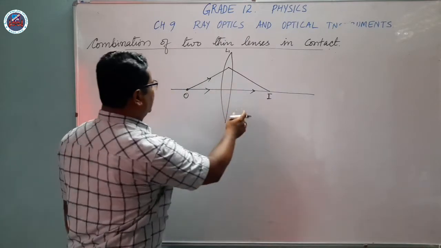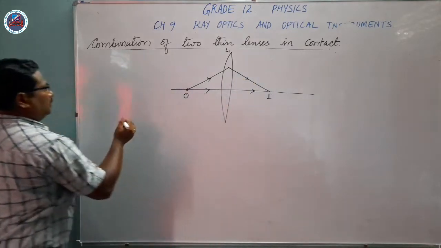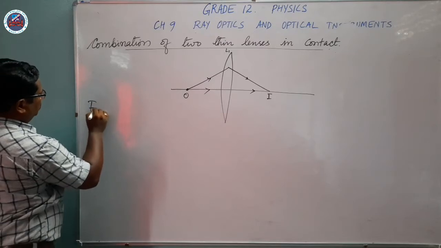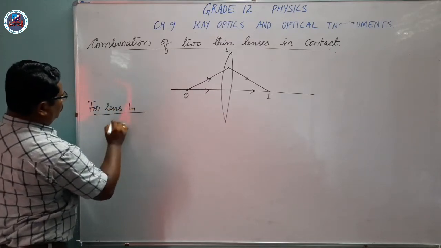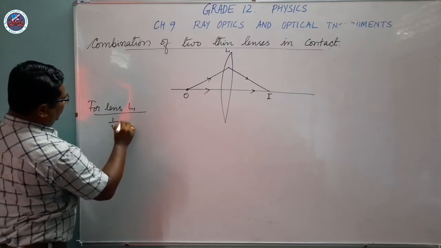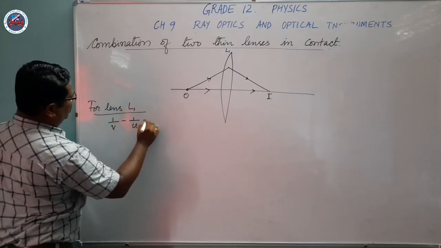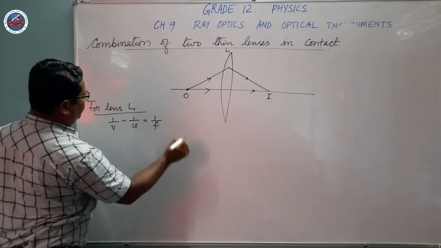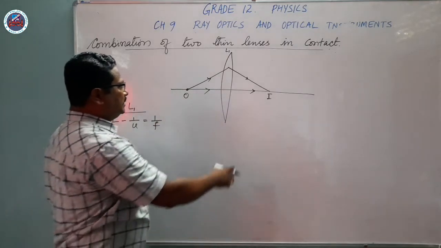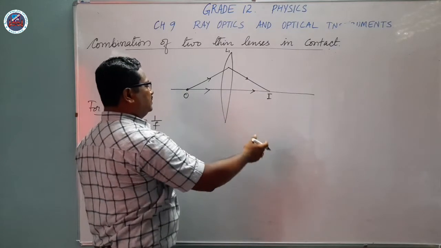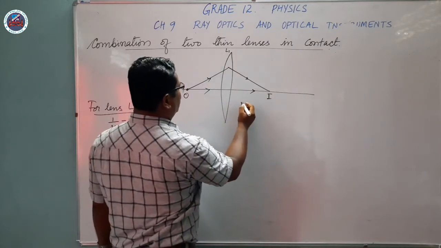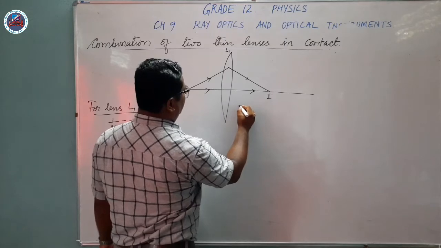So I can take the lens formula this way. For lens L1, 1 by V minus 1 by U is equal to 1 by F. So here this image is going to become the virtual object for the next lens. So instead of writing V, I'll write here V dash.